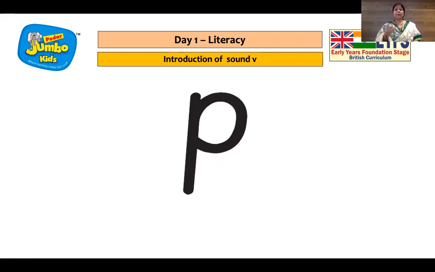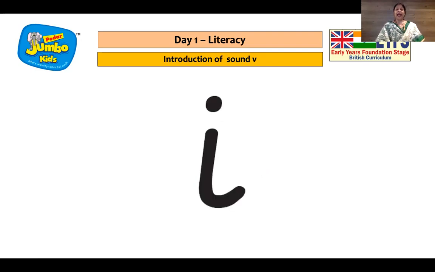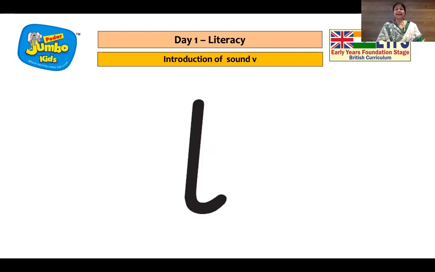P says P. Letter N. And N says, come on children with action. Lovely. And letter I. I says, come on with action. Letter L. That's right. L says L.